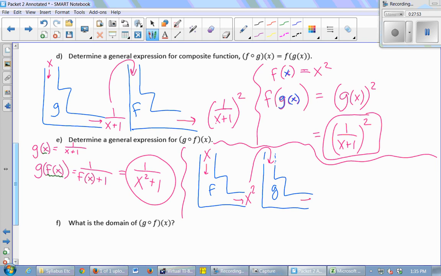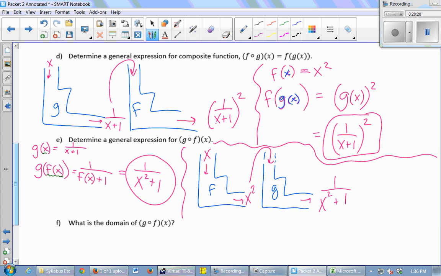So I get 1 over x squared plus 1. Whichever way you feel more comfortable with, if you want to draw pictures every time, that's fine. If you want to do the algebraic method, that's fine.